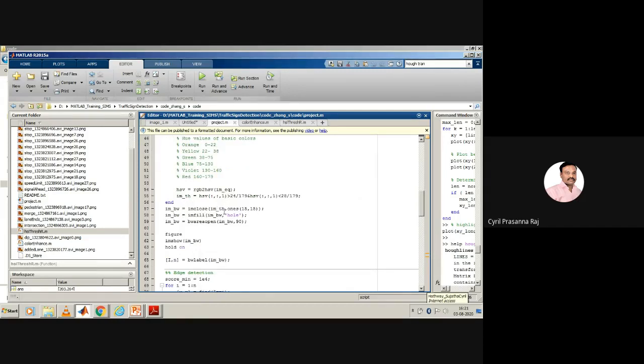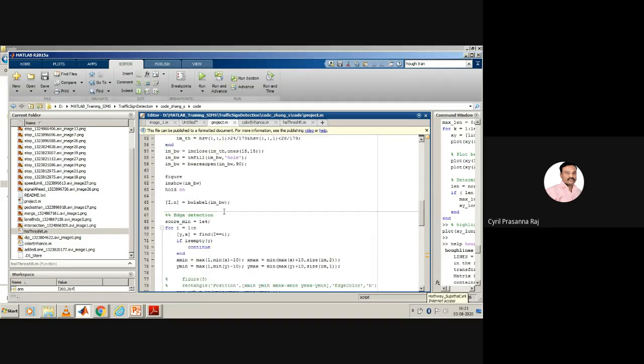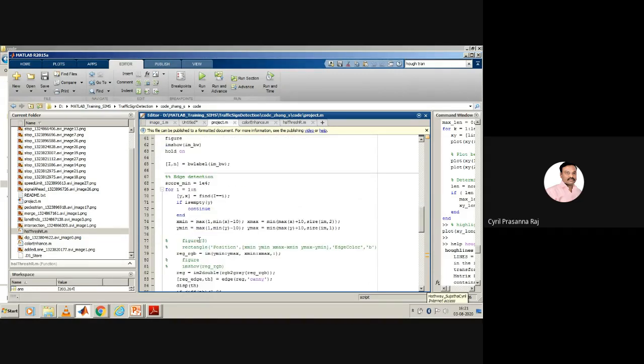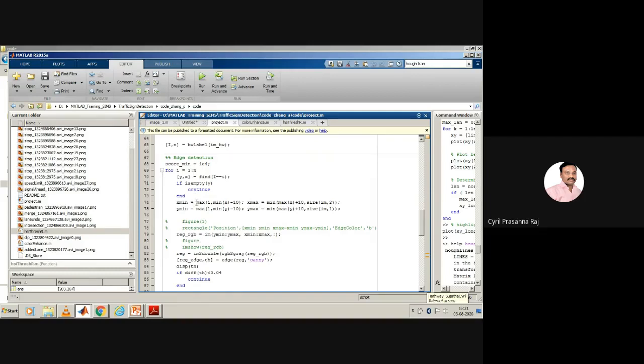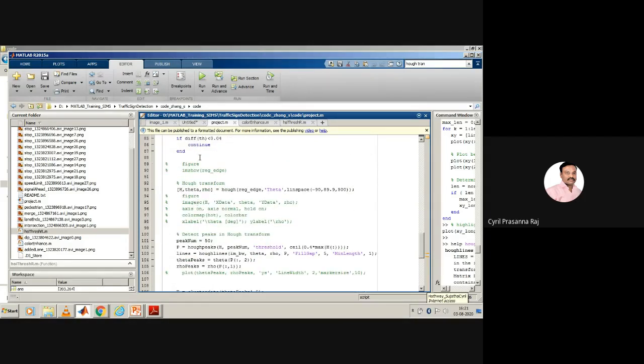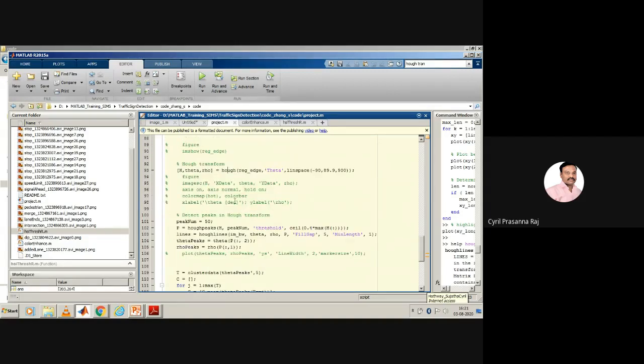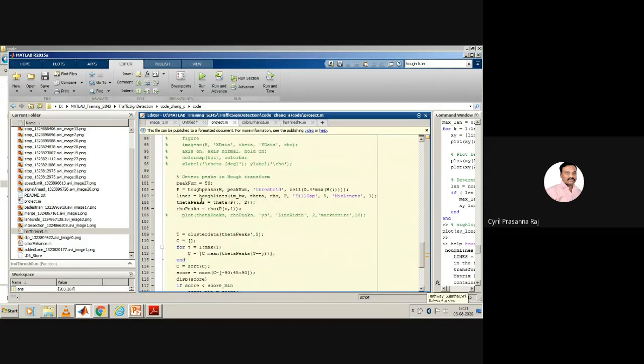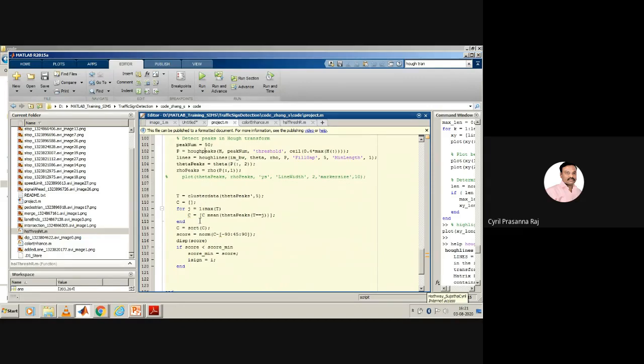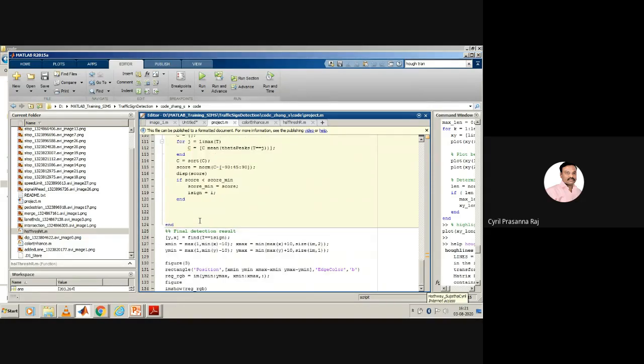You are finding out edges available in the given image, so the edge function is used, and again you're using Hough transform here. Using the concept of Hough transform, you find the Hough peaks, run this program and get back the edges, and then finally you are able to display the results.